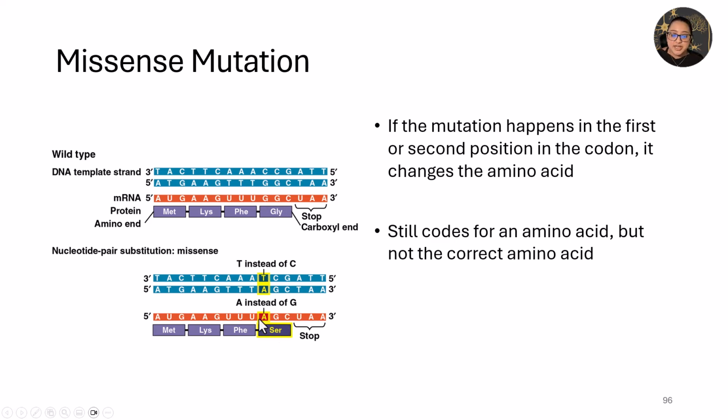In this case, because there was a mutation in the first letter, this is a totally different codon, AGC, and that codes for a totally different amino acid, serine, instead of glycine. So this is a missense mutation, because it's the wrong amino acid, but at least it's still kind of making sense. You would proceed with the same rest of the protein. Say this was a lot longer, it still would mostly be the same outcome.